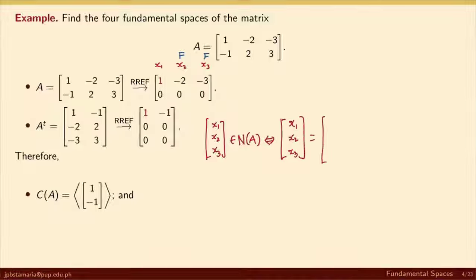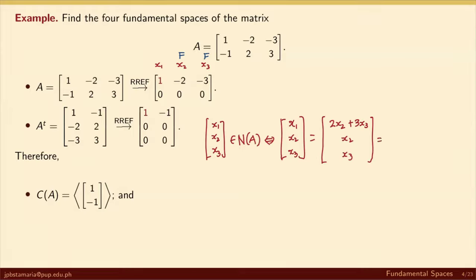Looking at the first row, we see that x1 is equal to 2x2 plus 3x3, by simply equating this to 0 and putting all of these terms to the right. And then x2 is free, x3 is free, so we just copy them as is.